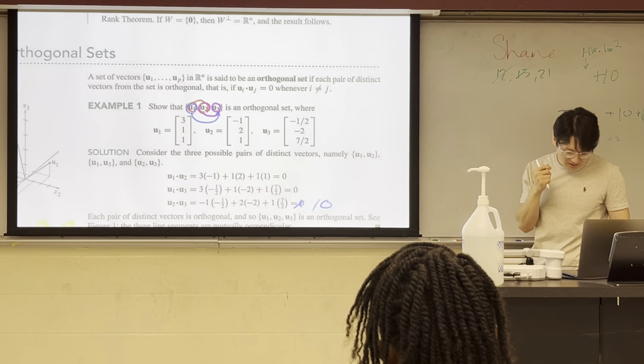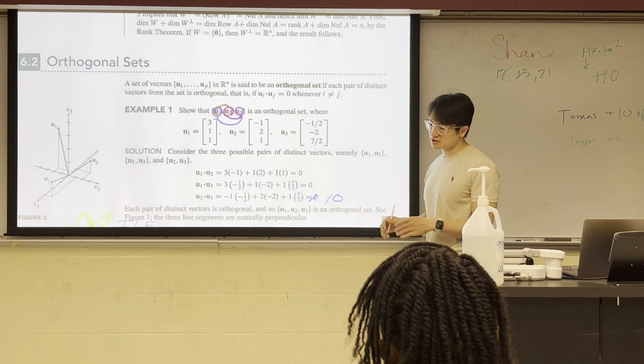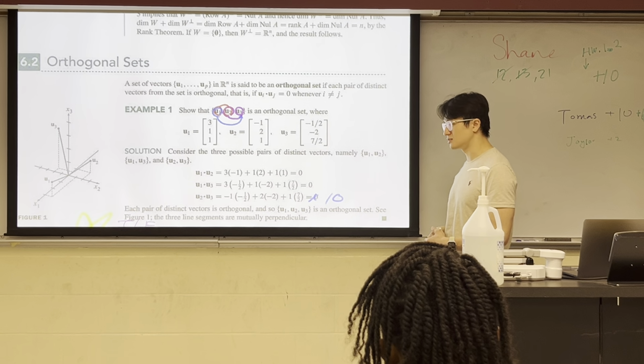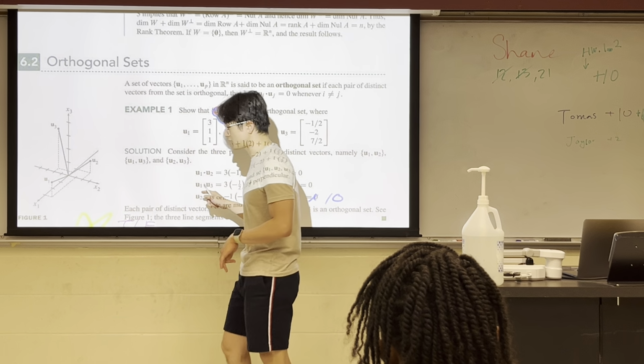Why do you learn this? Why do you learn orthogonal sets? So basically, 6.1, 6.2, 6.3 is helping you understand the foundation of Gram-Schmidt or projection. So that's why we learn orthogonal sets at the beginning.